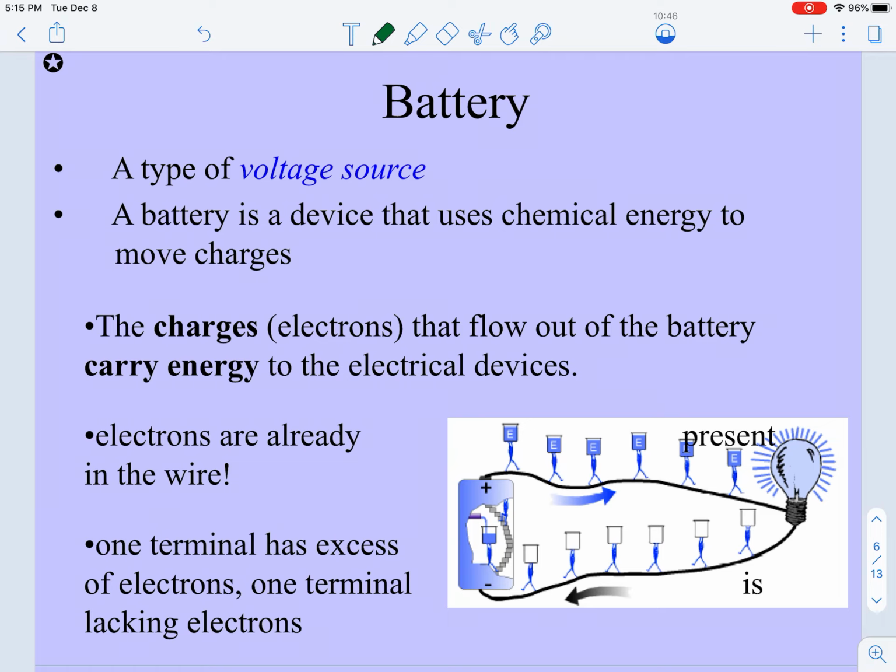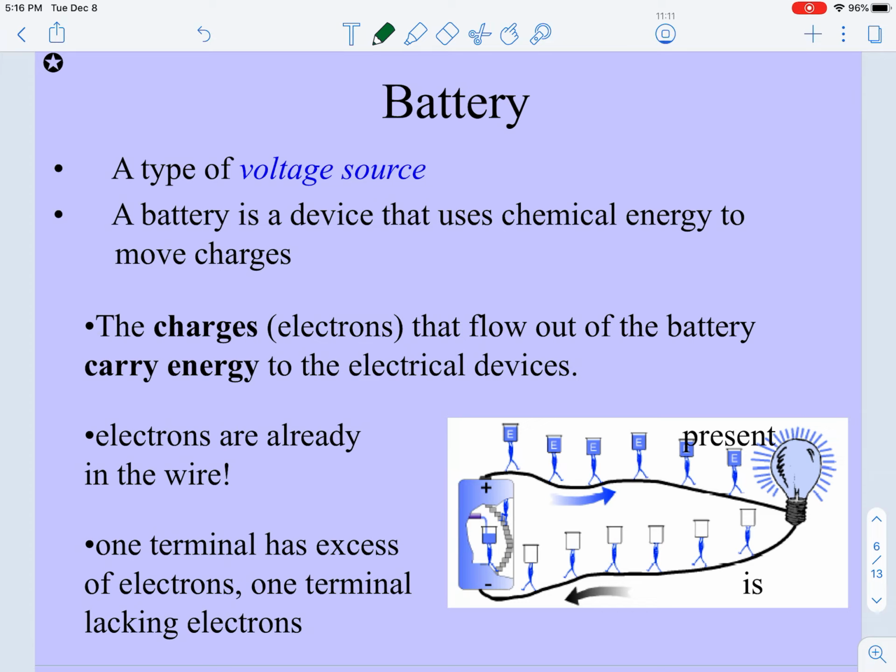We did not lose our electrons. The electrons are still there. Remember, electrons are actually already present in the wire, okay? It's simply the electrical potential difference, or the voltage source, that gives those electrons a reason to move. You can imagine it taking those electrons and pushing them out of the battery, forcing them to move forward through the wire.